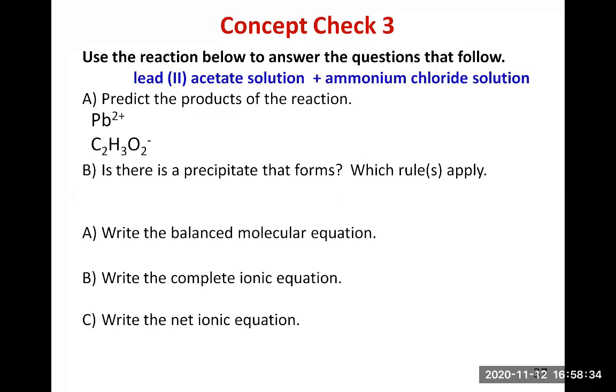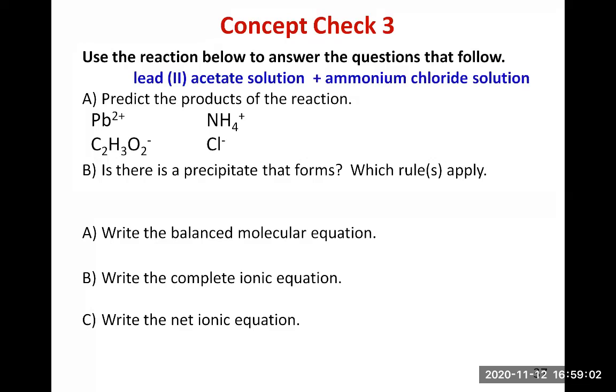So you can check that in your list of polyatomic ions and verify this formula for the acetate ion. Then in the ammonium chloride solution, we have the ammonium ion. Ammonium is one of those polyatomic ions you need to remember. It's NH4+. The chloride ion comes from chlorine, group 7A. So 7 minus 8, it has 1 negative charge.